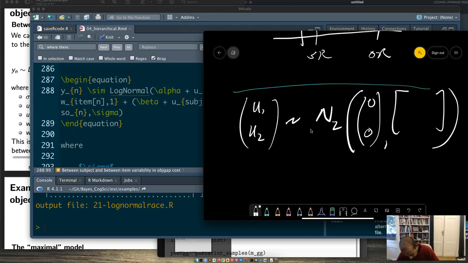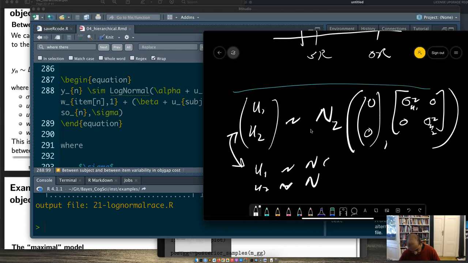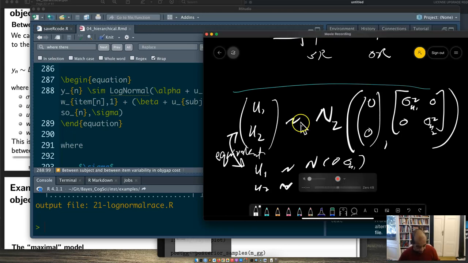But what I'm saying is that the variance for U1 is sigma U1 squared, and the variance for U2 is sigma U2 squared, but the covariance is 0. This is the same statement as defining independent generative processes for the 2 variance components, sigma U1, sigma U2. These 2 statements are equivalent, right? So you shouldn't get confused about this.